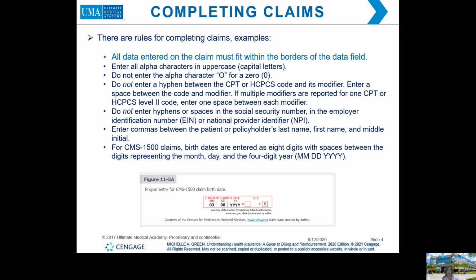So you may think that, oh, these are silly rules and I don't have to go by them. Yes, you do have to, because you don't want to see these claims continue to come back and then find out it was just a data entry error. And that's not something that you really want to see come back.